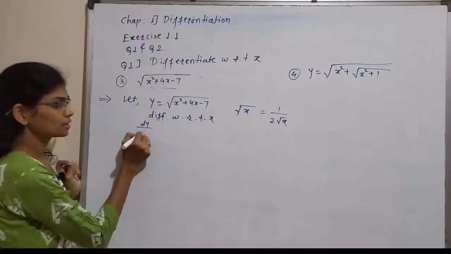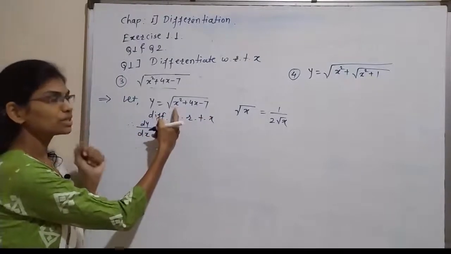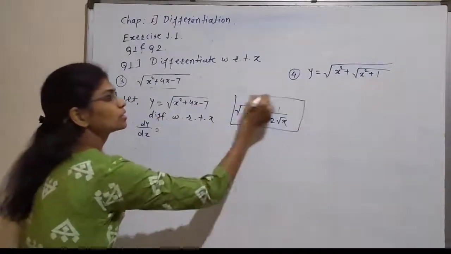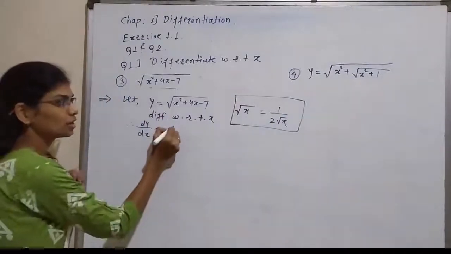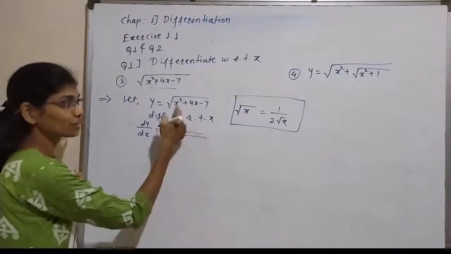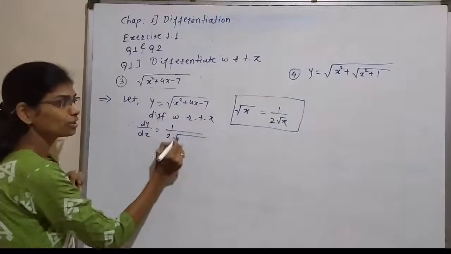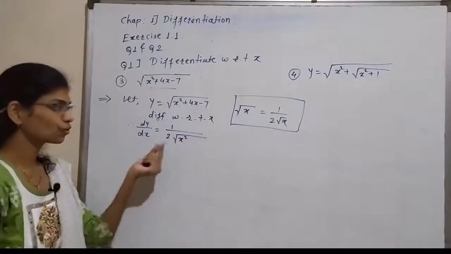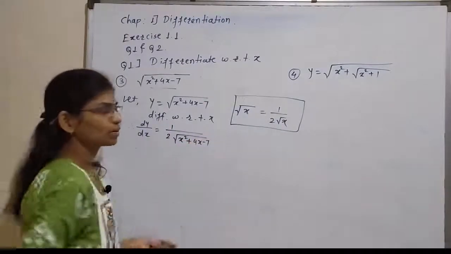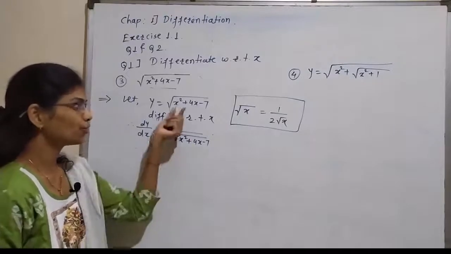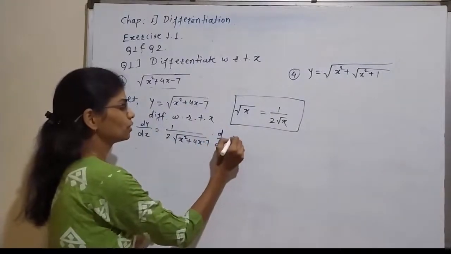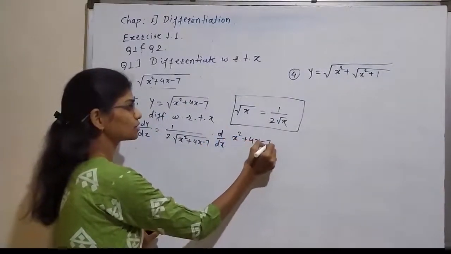Therefore dy by dx is equal to, by using the derivative of root x, which is 1 divided by 2 root x, 1 divided by 2 into root of x, but x is considered as the whole function. That is why write that whole function in square root form, x square plus 4x minus 7, into, again here we have to take the derivative of the whole function, that is the derivative of x square plus 4x minus 7.